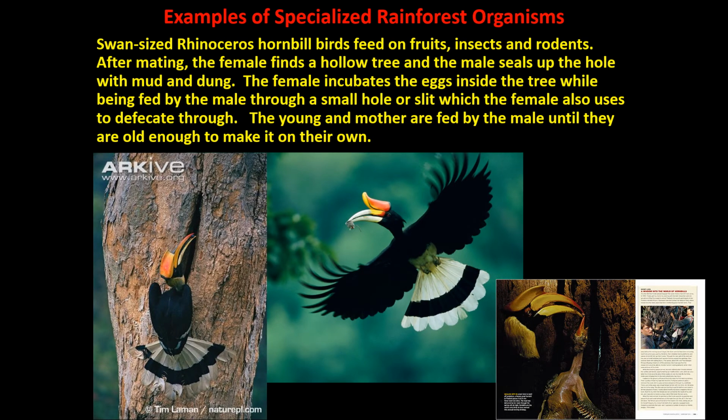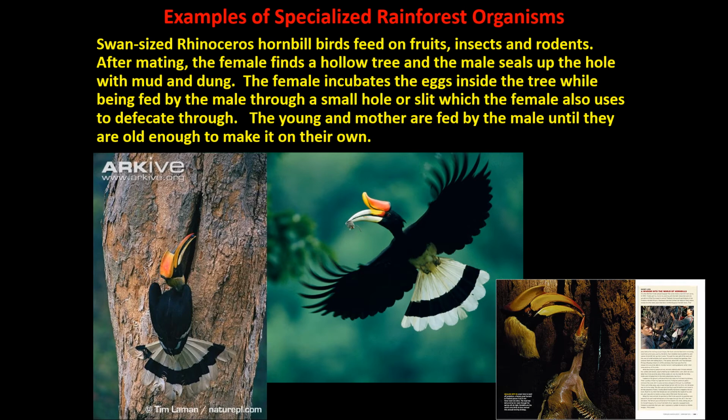Examples of specialized rainforest organisms are the large hornbill birds, which feed on fruits, insects and rodents. After mating, the female finds a hollow tree and the male seals up the hole with mud and dung.